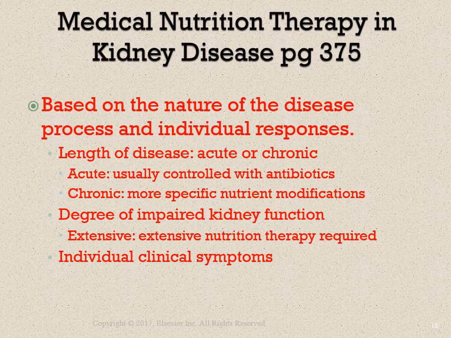Like I mentioned, if a patient was going to dialysis, which we'll be discussing, and they have this chronic form, then there are going to be nutrient modifications that are needed. With the degree of impaired kidney function, extensive nutrition therapy is required. So towards the end, definitely extensive nutrition therapy is required. Once again, it depends on how the person responds and where they're at in the disease process.